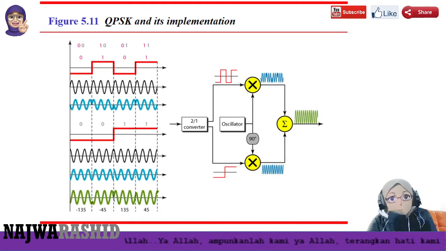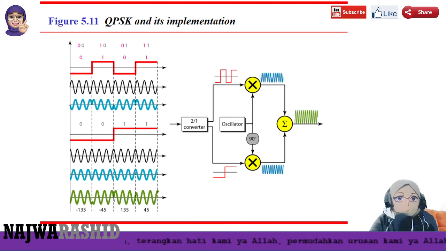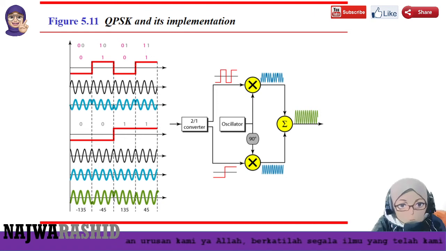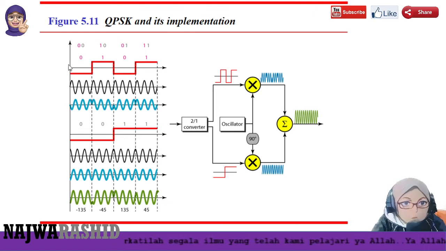Okay, the next part here is quadrature phase shift keying. So in quadrature, we have 4 levels. Before this, we used binary, so we only had 2. Okay, this one we have 4: 0 0, 0 1, 1 0, 1 1. So basically, the process is we have the digital data.